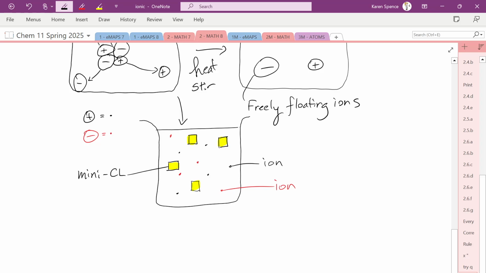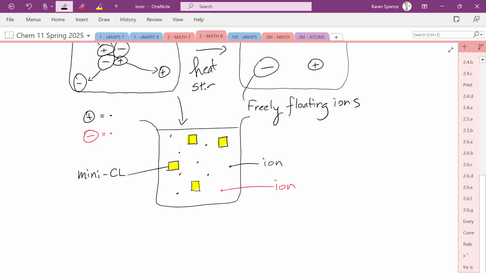What did we do with it next? You heated it, you stirred it, you waited, and then what? You filtered it. Yes. Okay, so let's say that these little guys represent individual ions.